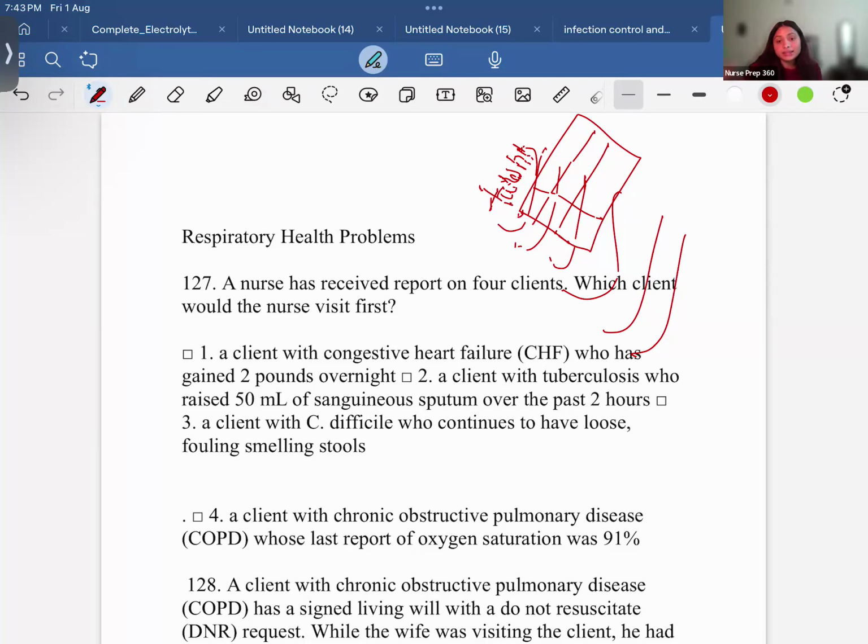Clostridium difficile. It is a spore-forming bacteria, which is very bad. We keep the patient on contact precaution and enteric precaution. We wash our hands with soap and water with this disease. Loose stool, foul-smelling stool, diarrhea is the characteristic feature of C. difficile. So this is normal.